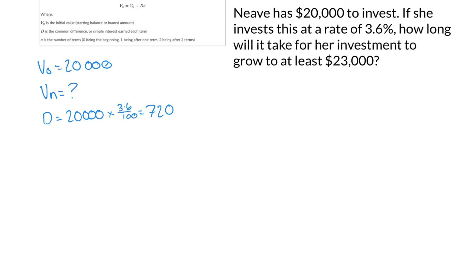Okay, now we can start to build our recurrence relationship, but we're going to use it a little bit differently this time. So Vn equals our starting value, the initial amount Neve invests at the very beginning, $20,000, plus our common difference. So every year she is going to grow her investment by $720, but we don't know n.